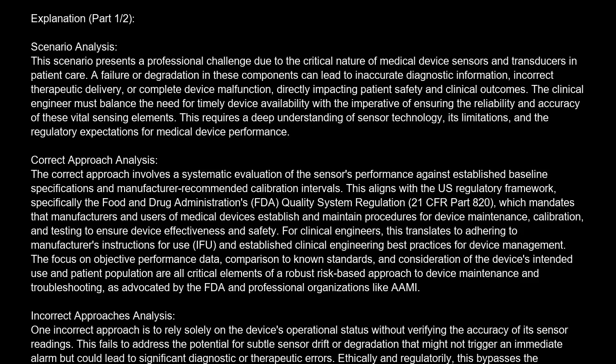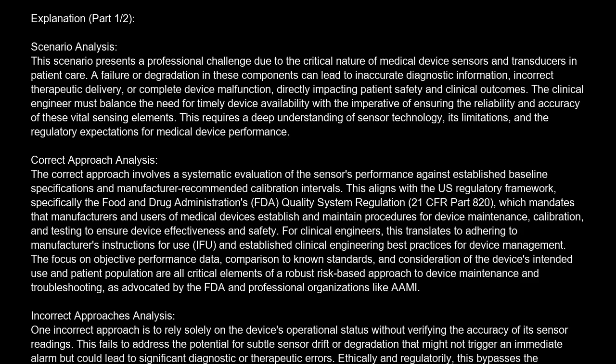Correct approach analysis. The correct approach involves a systematic evaluation of the sensor's performance against established baseline specifications and manufacturer-recommended calibration intervals. This aligns with the U.S. regulatory framework, specifically the Food and Drug Administration's FDA Quality System Regulation 21 CFR Part 820, which mandates that manufacturers and users of medical devices establish and maintain procedures for device maintenance, calibration, and testing to ensure device effectiveness and safety.